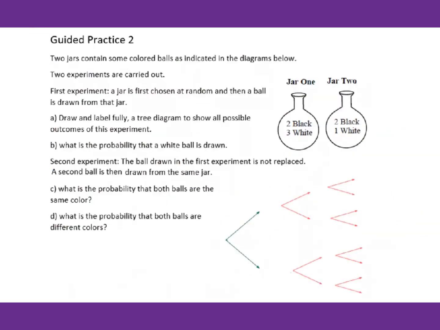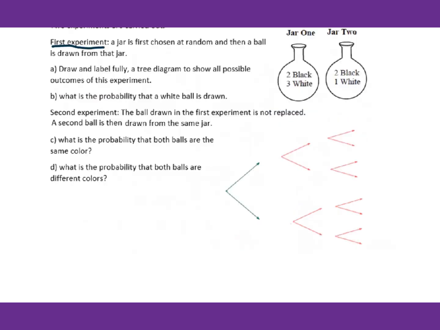Let's go to guided practice 2. 2 drawers contain some colored balls as indicated in the diagram below. 2 experiments are carried out. First experiment. A drawer is first chosen at random and then a ball is drawn from that drawer.